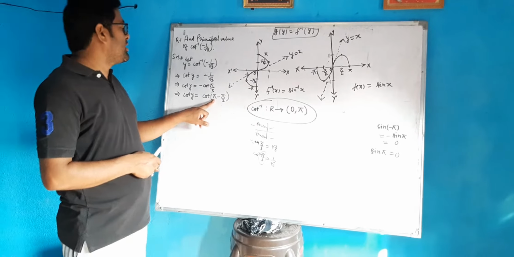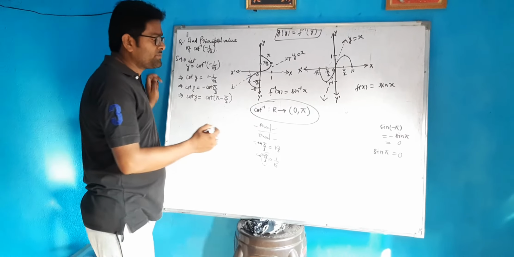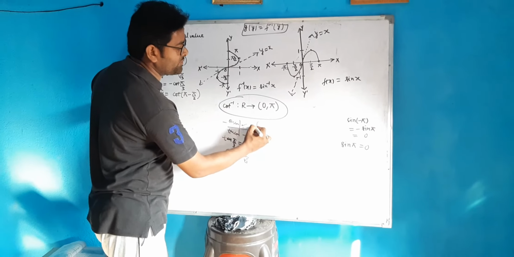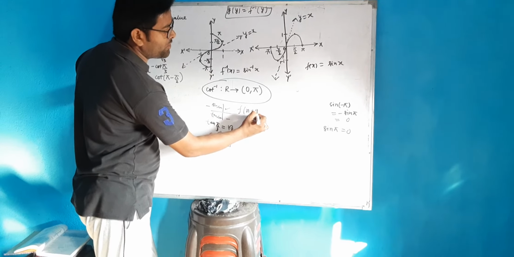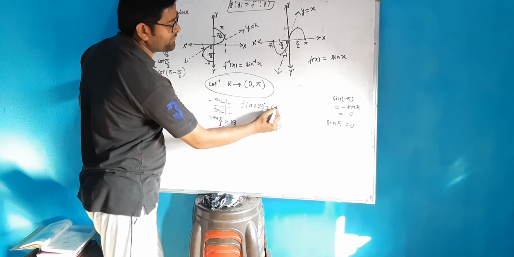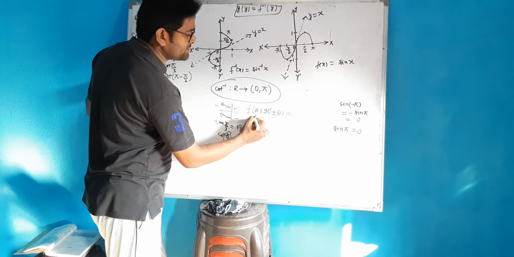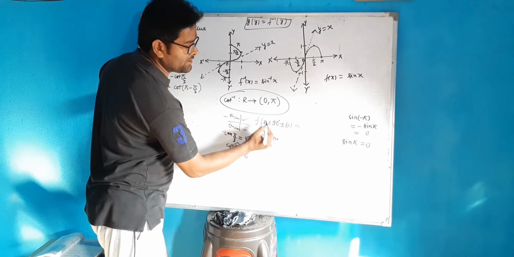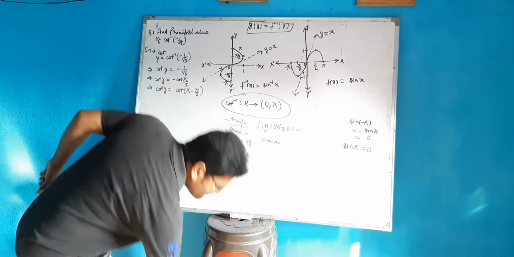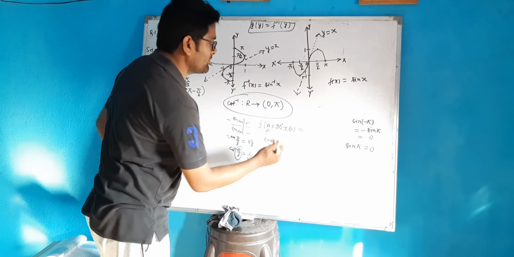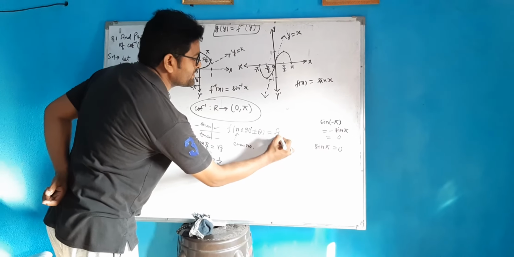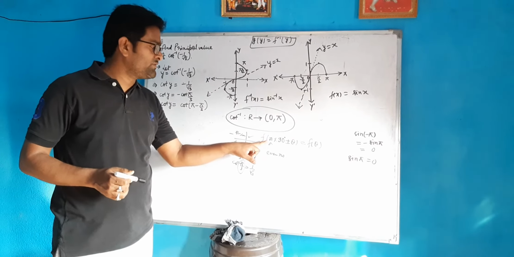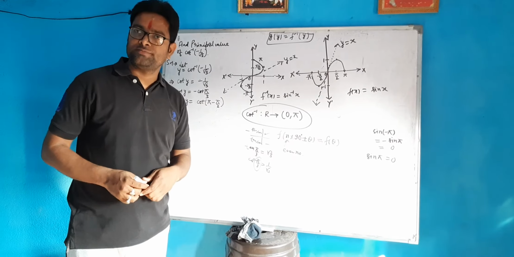Now we know from the concept of trigonometric functions, I am giving you this idea: if there is an even or odd multiple of 90 degrees, then if it is an even multiple, an even natural number, the function remains the same, and if it is an odd natural number, the function changes.